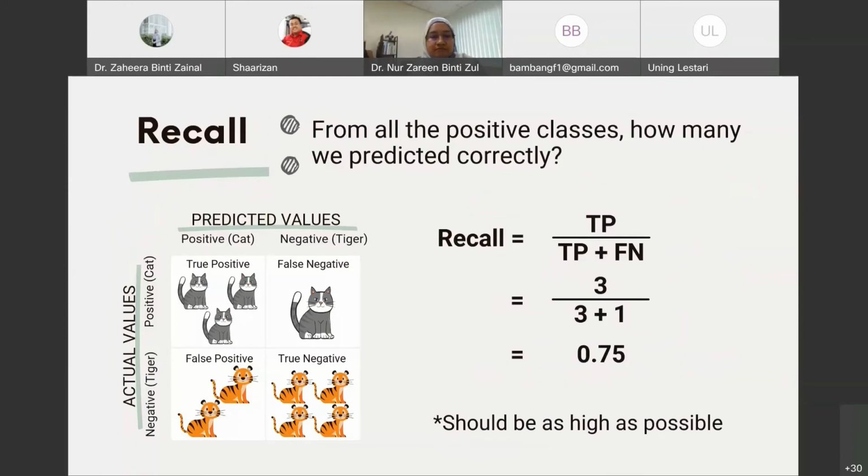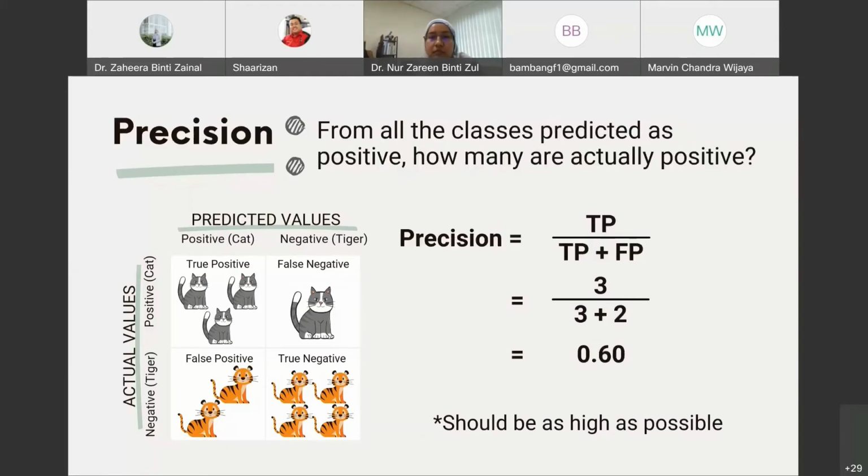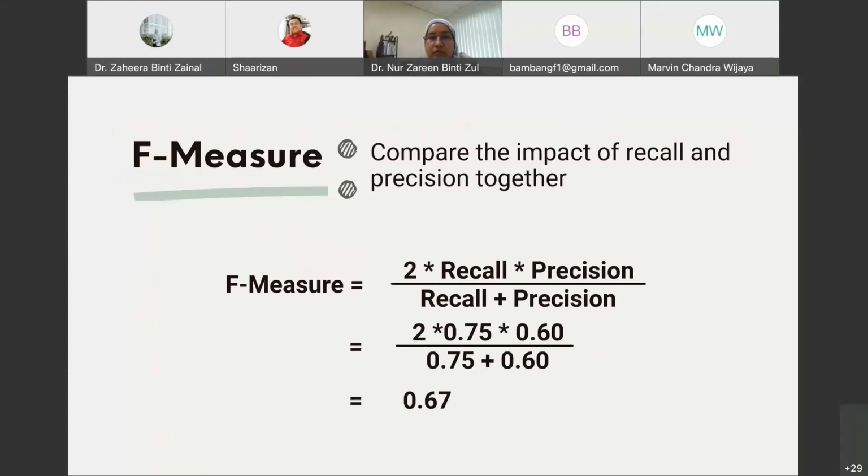Good morning, doctor. I want to ask if we got some number value from every measure, for example, if we got 0.9, can it be categorized as a good model or a not good model?